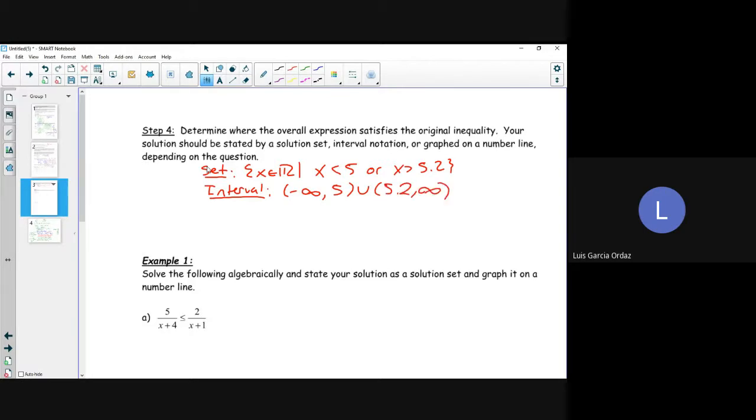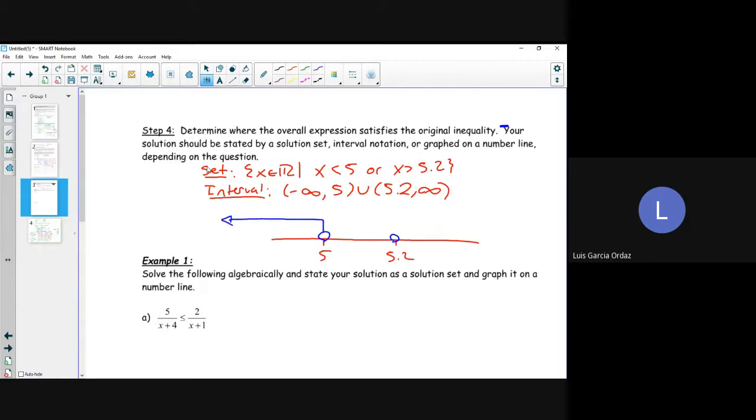And then we're going to draw our number line. So we have 5.2 over here, and we have 5 over here. Are we going to have a closed or open circle? We're going to have an open circle on both 5.2 and 5. Because we said x is less than 5, everything is going to go to the left of 5.